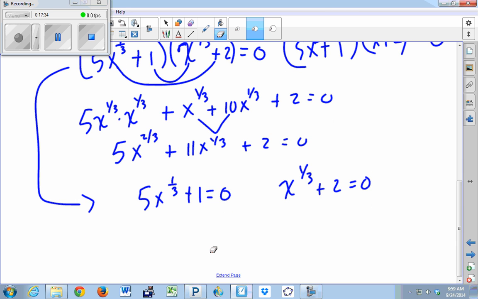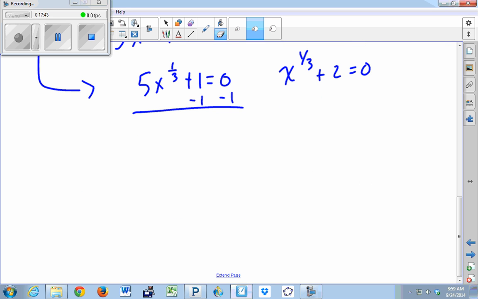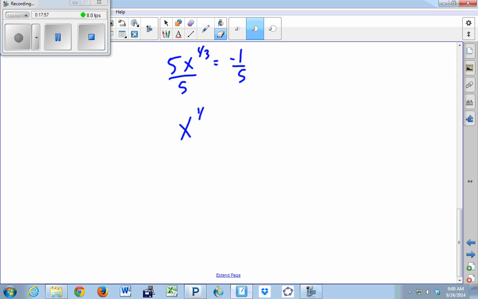So how would we proceed with these two equations to solve these two? What would you do? Subtract 1. So we're working on the first one, we would subtract 1 from each side, and we'd get 5x to the 1/3 equals -1. Then divide by 5. Both sides, we would divide by 5. That's right. And that would give me x to the 1/3 equals -1/5.